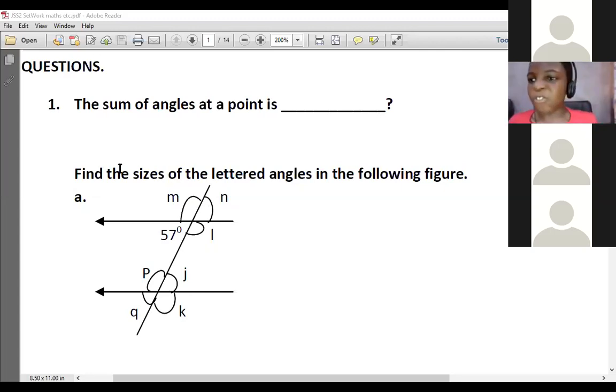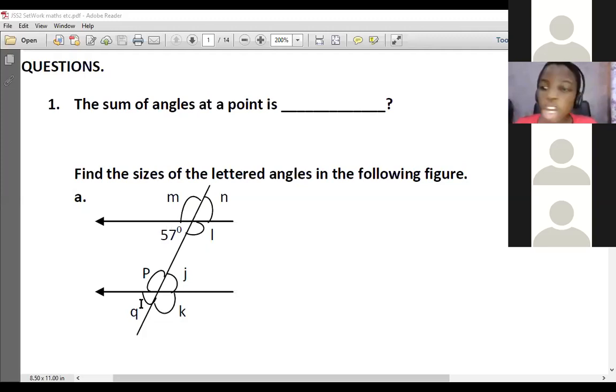Next, they said we should find the size of these lettered angles. Can somebody tell me the answer to M? Okay, let's leave M. Let's go by corresponding. 57 is corresponding to what and what?